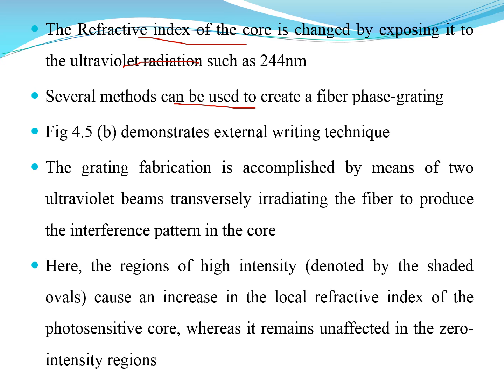Several methods can be used to create a fiber phase grating. In one of the methods, the grating fabrication is by means of two UV beams which are radiated onto the fiber to produce the interference pattern in the core.